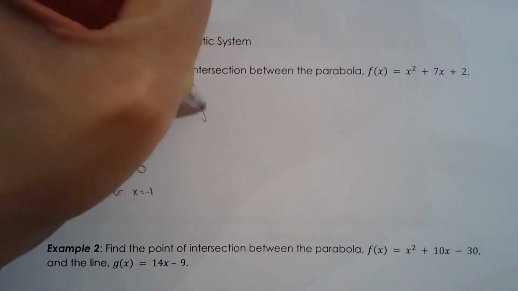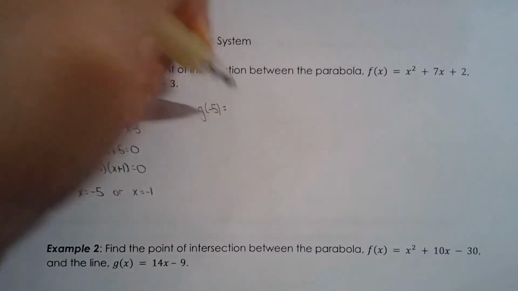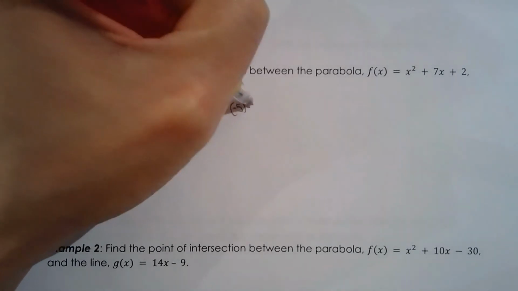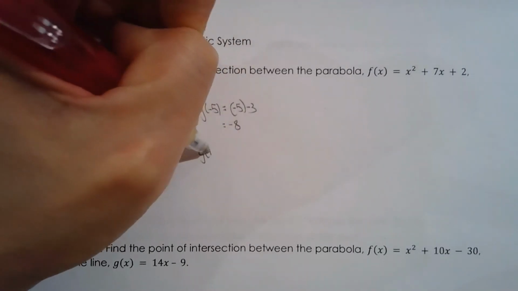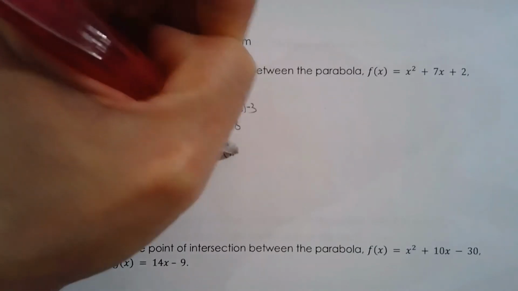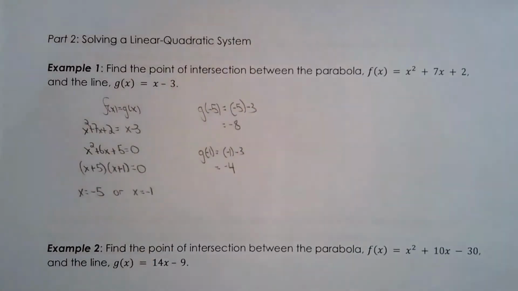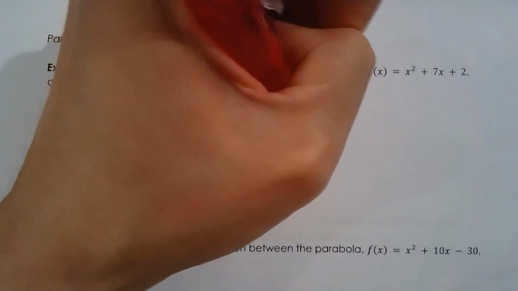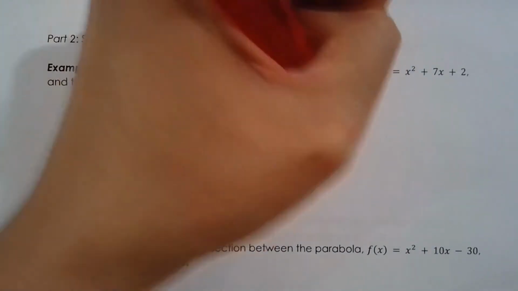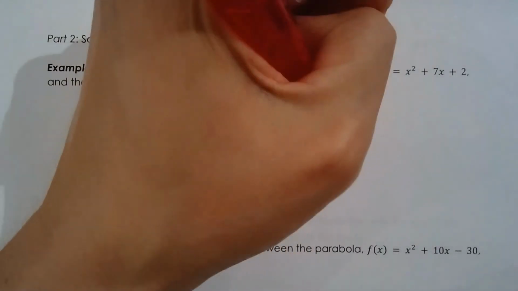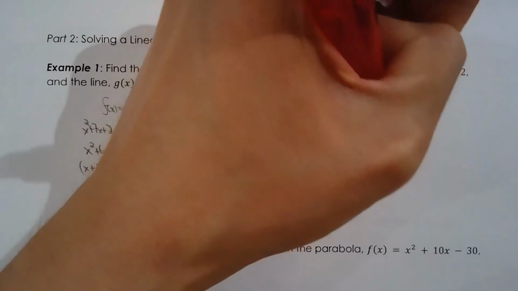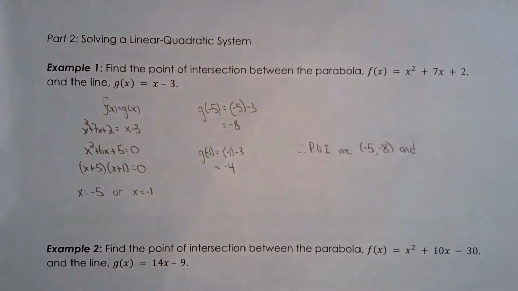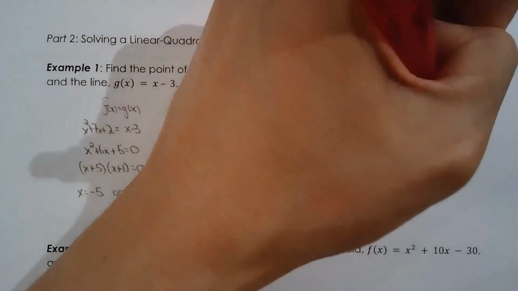So I'm going to find g of -5 and g of -1. When x is -5, y is -8. So the points of intersection are (-5, -8) and (-1, -4).